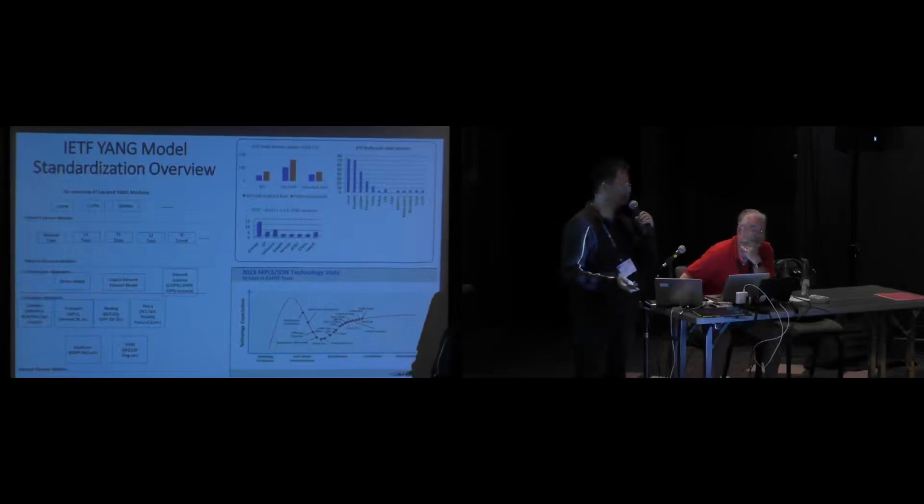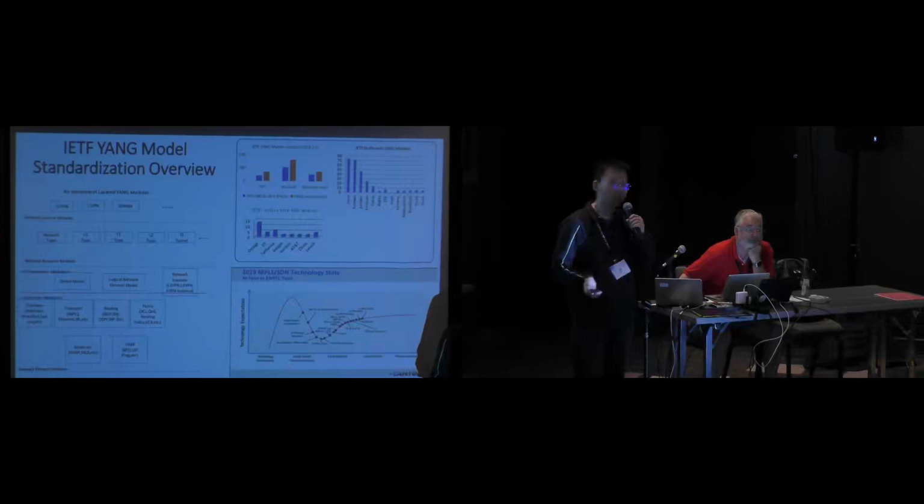Right now in IETF, more than 260 YANG data models have been developed, with more than 50 RFCs, including 80 YANG data models. We also see more than 100 YANG data model working group jobs being processed in IETF.